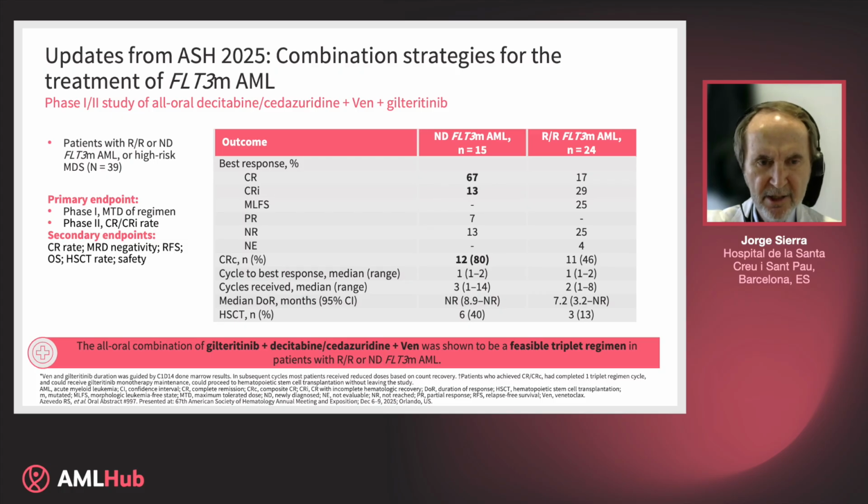Also at ASH, a fully oral combination of cytarabine, cedazuridine with venetoclax and gilteritinib was presented, with 80% combined complete remissions, and the median number of cycles to best response was 1 month.